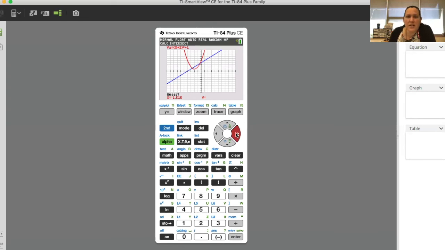So you have to have your guess near it so at least it knows which intersection you want. So I push enter once I get close to it. And it gives me the intersection, and I'd put parentheses around my point, negative 0.38, comma 3.12. And there would be your two solutions. So now you have 3 methods to solve a nonlinear system.